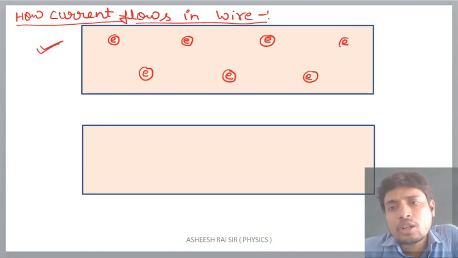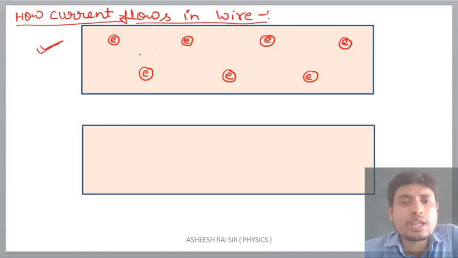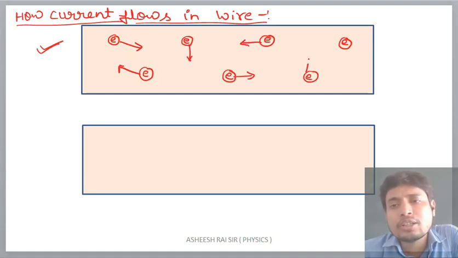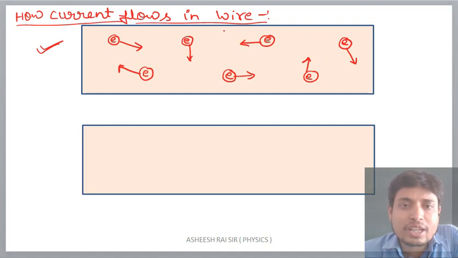When no cell or battery is connected across the conductor, every electron will move in a random direction, and due to the random movement, the net flow of the charge in the conductor is zero.